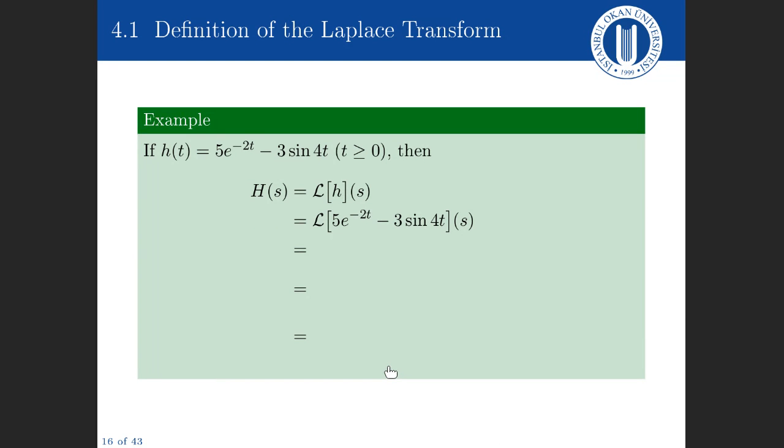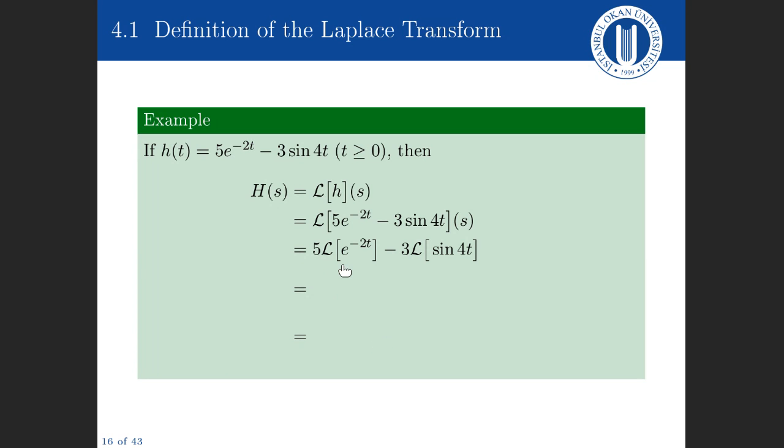So let's suppose small h is 5 e to the power minus 2t minus 3 sine 4t. Calculate the Laplace transform of this function. We're going to use the theorem to break it up into easier functions.